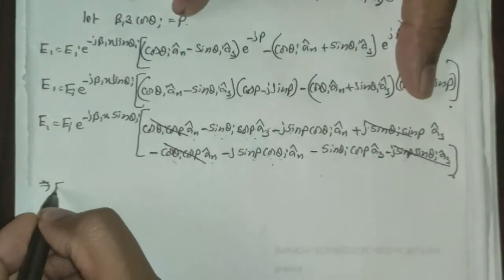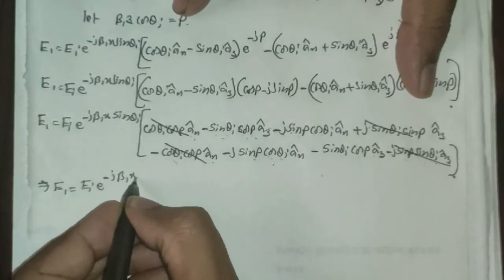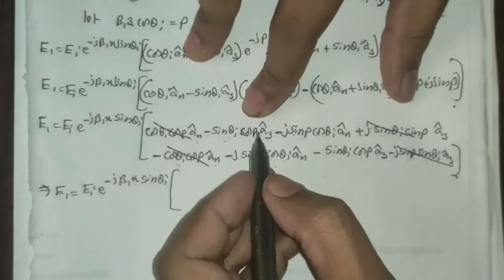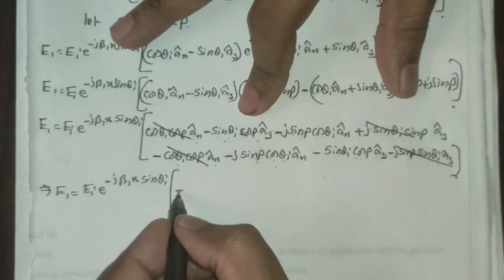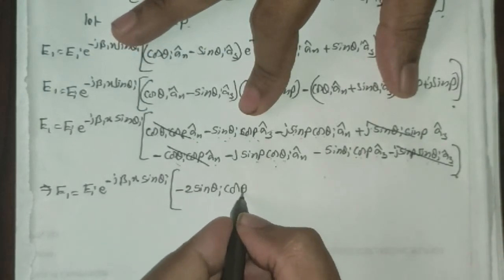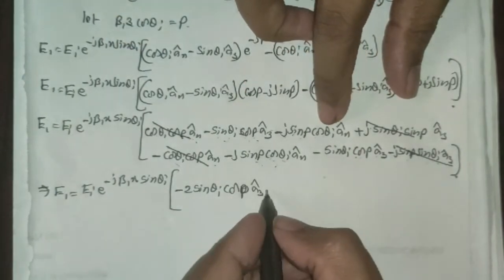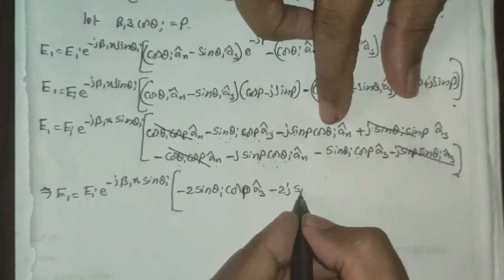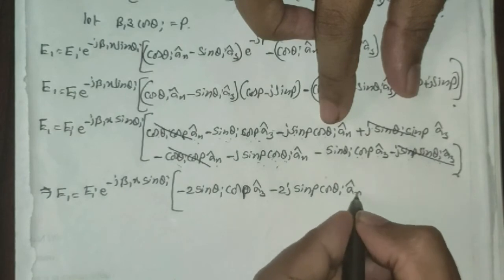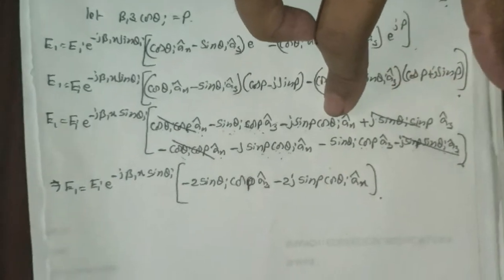So now the total electric field equals Ei into e power of minus j beta 1x sin theta I into, since you have similar terms, minus 2 sin theta I cos p into az cap, and similarly minus 2j into sin p into cos theta I into ax cap. That's it, and the remaining expressions get cancelled off.